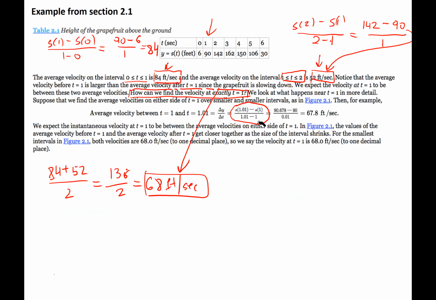Now, if I would like to create this, 1.01 and the value at 1, the difference in times will be this. That's not a problem.